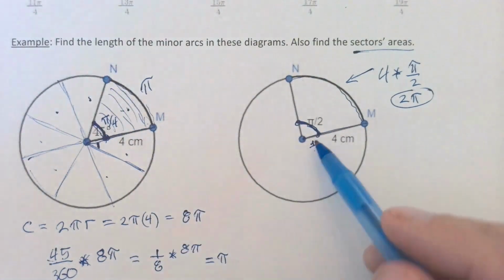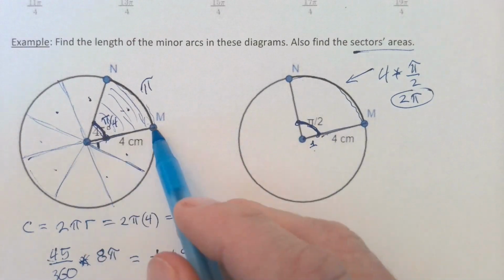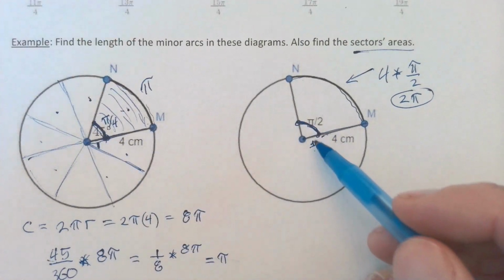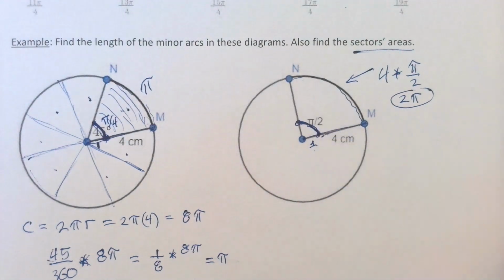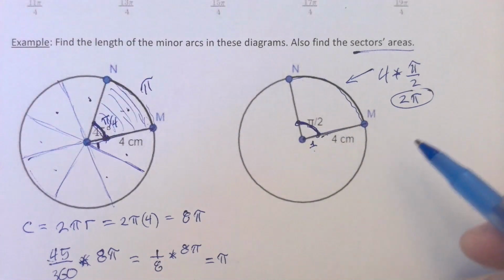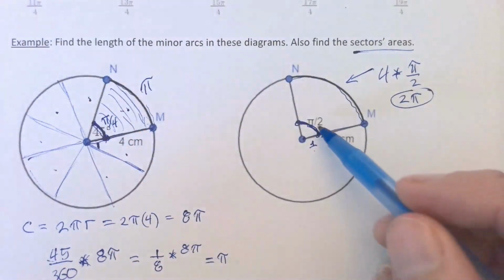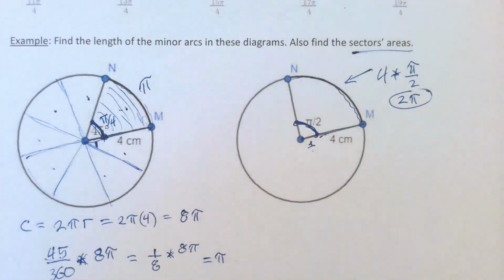These circles have the same radius, 4 and 4. But this was a 45 degree angle, and this is a 90 degree angle. Pi over 2 is 90. So does it make sense that this arc ought to be twice as big as that arc? I think it does, because 90 is twice as big as 45.